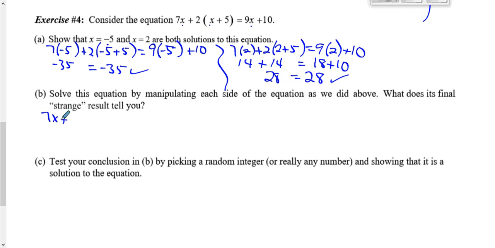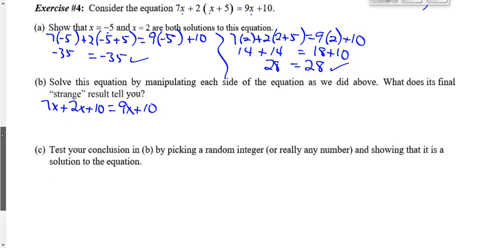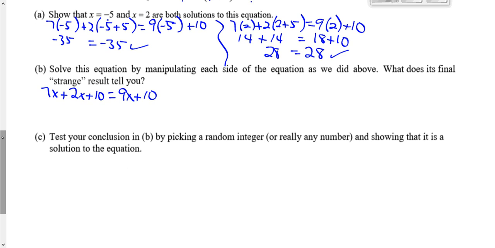What do we get? 2x plus 10 equals 9x plus 10, right? What should we do on the left? So we get 9x plus 10 equals 9x plus 10. You don't have to solve it for that.